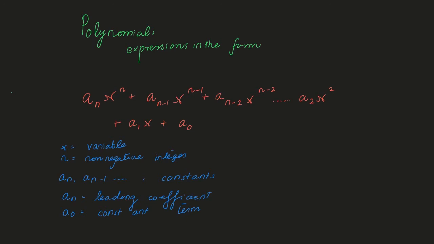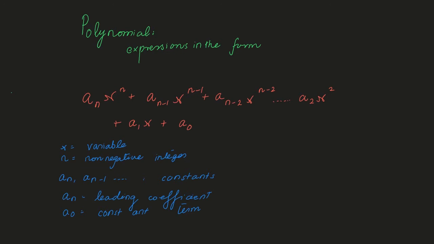So basically, a polynomial is an expression in the form a_n x to the power n plus a_(n-1) x to the power n minus 1 and so on. This series basically continues until the power of x becomes 0, meaning there is no more x, it's only 1.